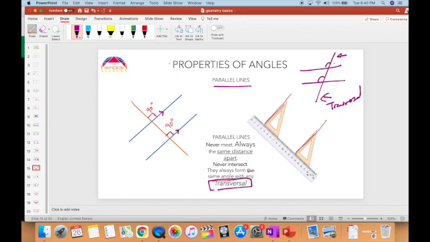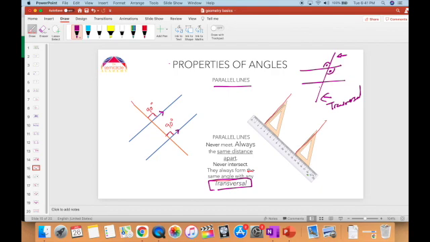Because if this and this are equal, remember, these two are angles on a straight line. They form 180 degrees. So therefore, these two here and here will also be equal. Are we all in agreement with that? And imagine this is our angle here, but guess what? This angle is vertically opposite to this one. So these two will be equal.